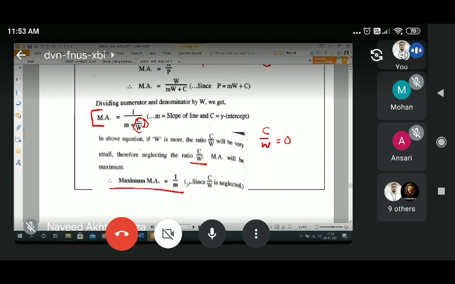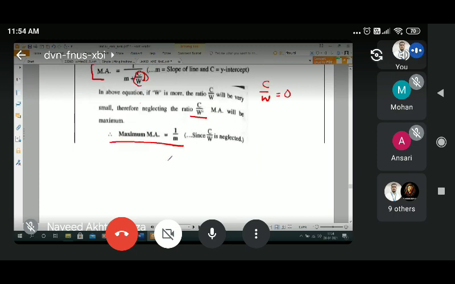That is called the maximum mechanical advantage. तो हम ऐसा भी बोल सकते हैं कि maximum mechanical advantage means it is the reverse of your slope. It is the inverse of the slope, so it is inversely proportional to the slope. That is the maximum mechanical advantage.